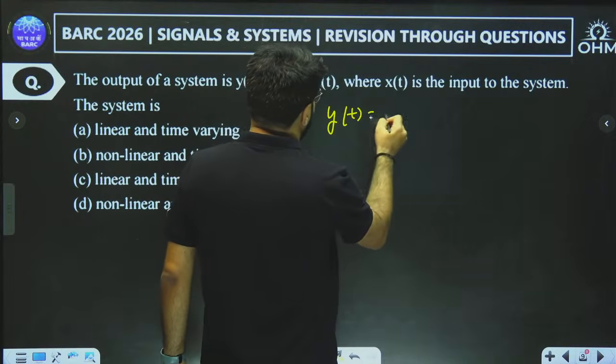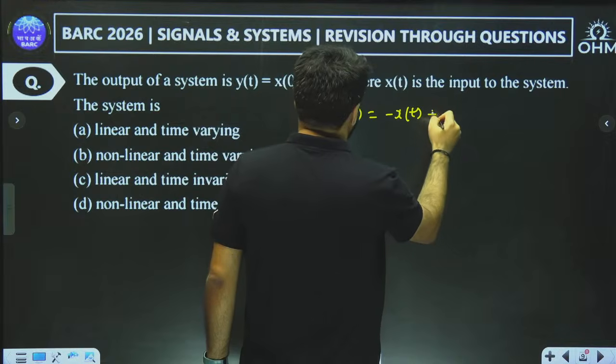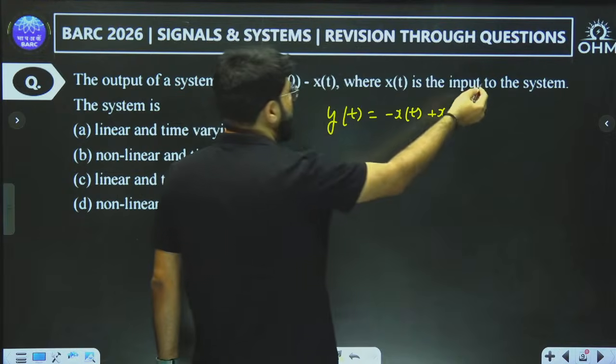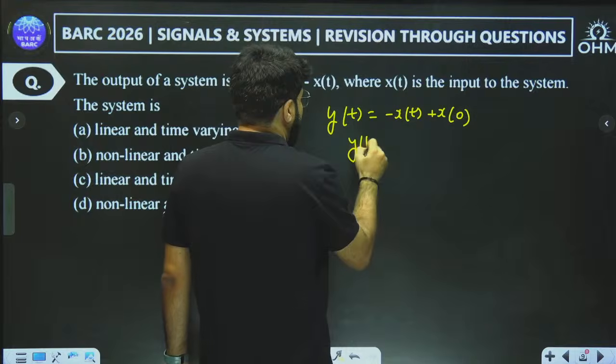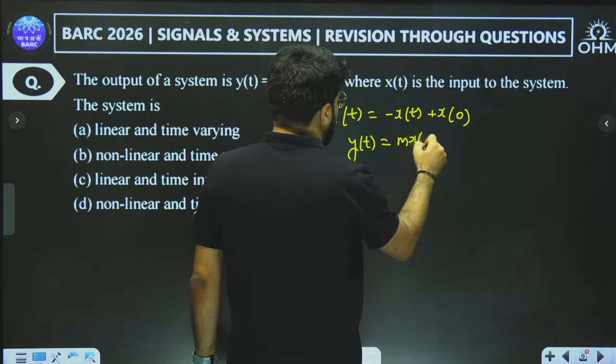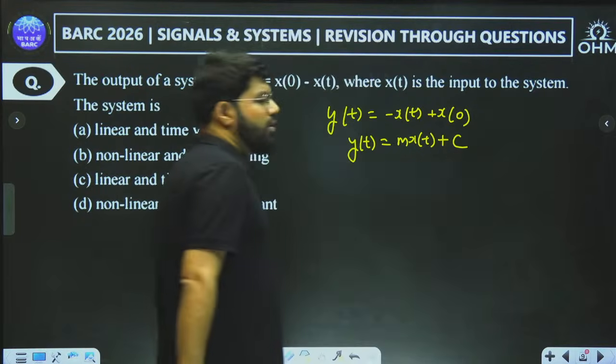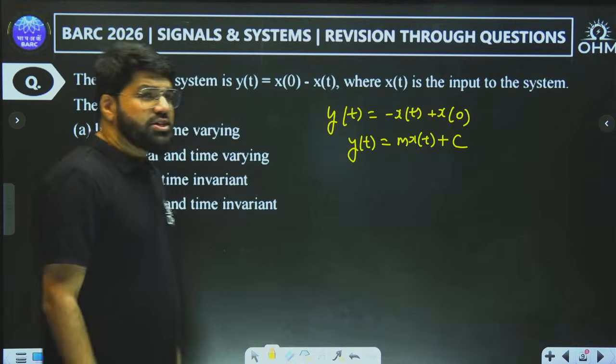See, this is mostly a direct question. You can write it this way: minus x(t) plus x0. x0 is some initial value, a constant value that is given. This is of the form y equal to mx plus c. Linear means what? A straight line.